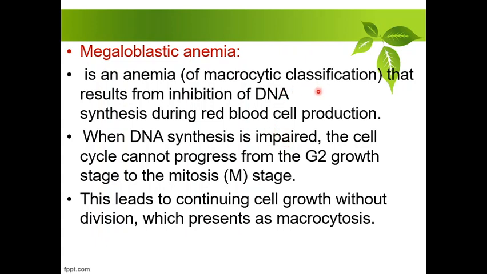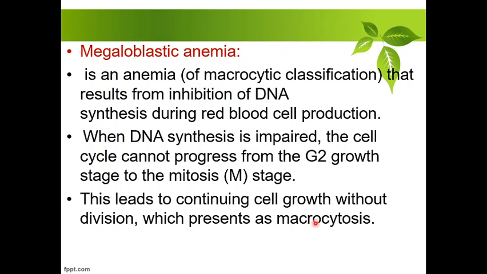The purine and pyrimidine bases are not synthesized. The cell cycle cannot progress from the G2 growth state to mitosis. Mitosis cannot take place, and this leads to continuing cell growth without division. I told you that the cell becomes large but its division does not happen, mitosis does not happen, and this presents as macrocytosis.